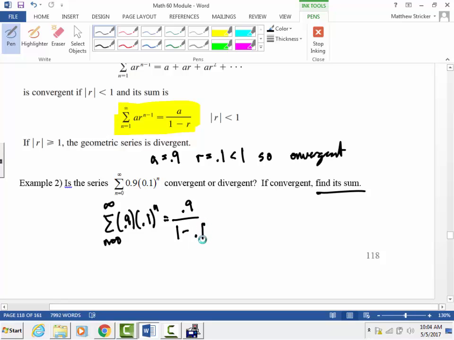Where am I getting this formula from? Right here. If it is convergent, if r is less than 1, then the sum of the series is a over 1 minus r. 1 minus 0.1 is what? 0.9. So this is 0.9 over 0.9. What does the series add up to? 1.